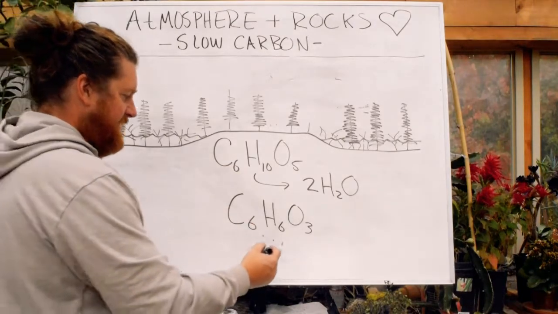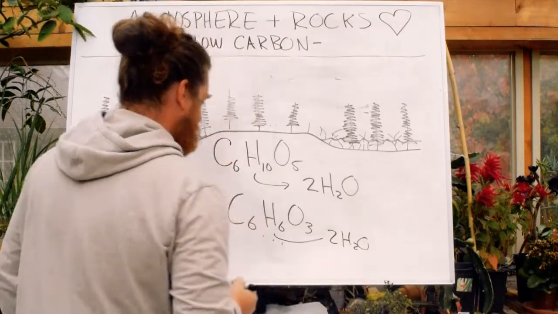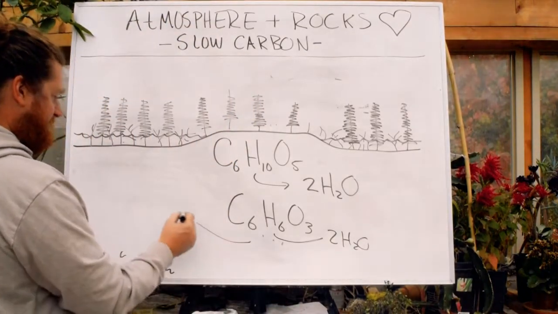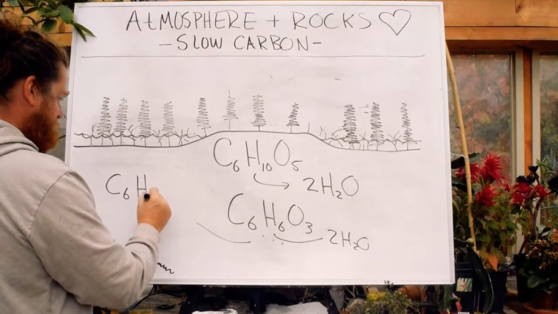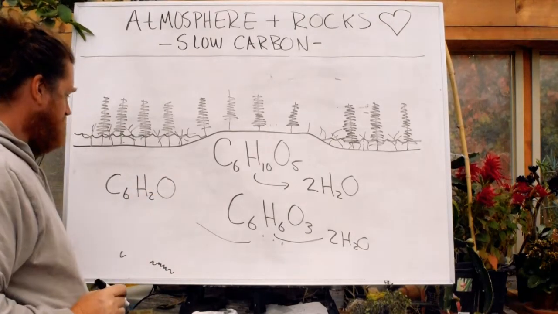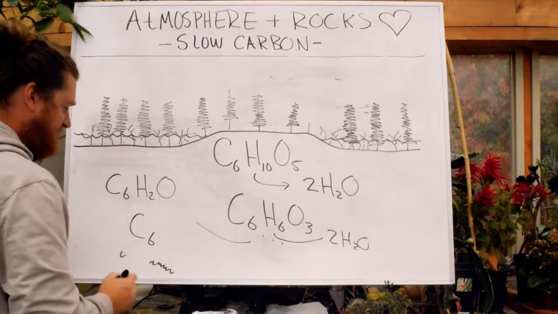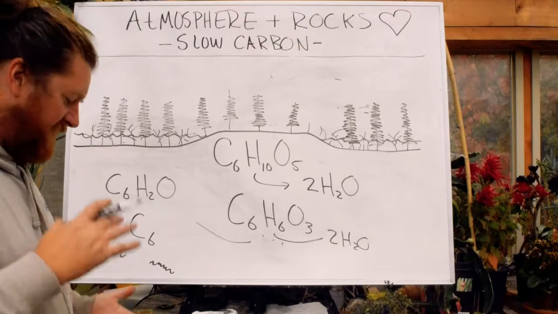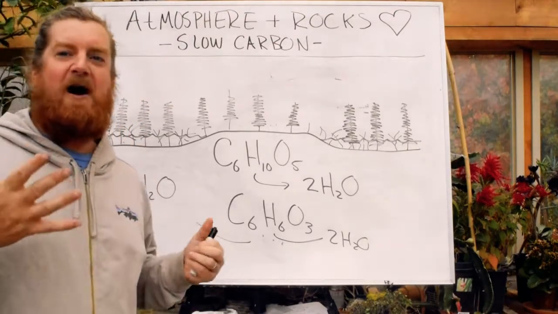If we were to do that again, let's take out 2 more waters. We would end up with, now we're over here, C6H2O. And if we took 1 more water out there, you just get C6 left behind. And so coal is this gradational rock, which is interesting.